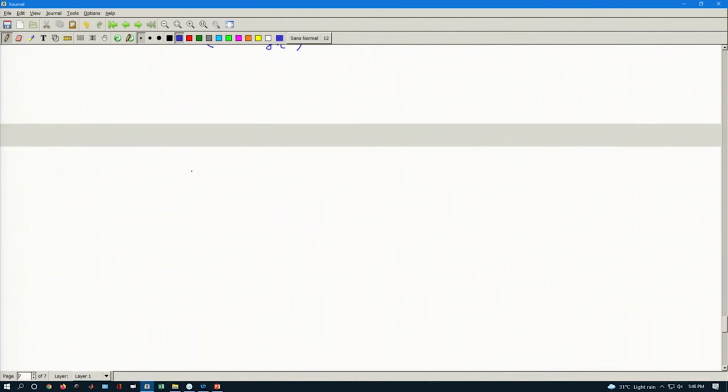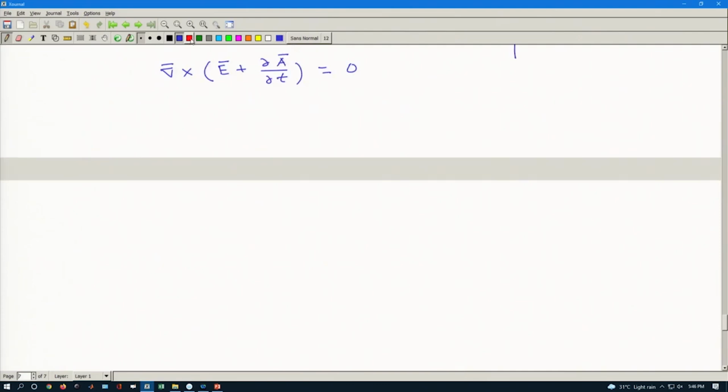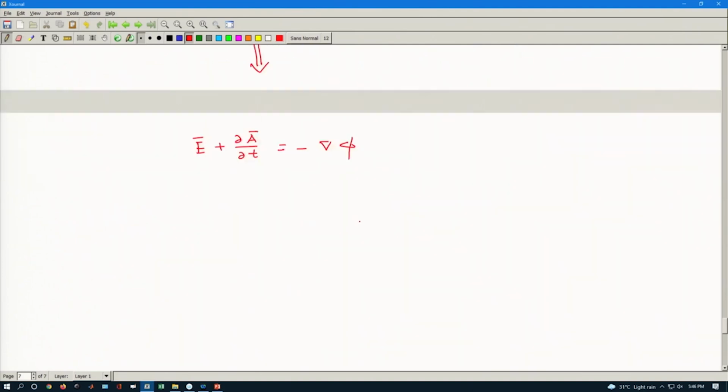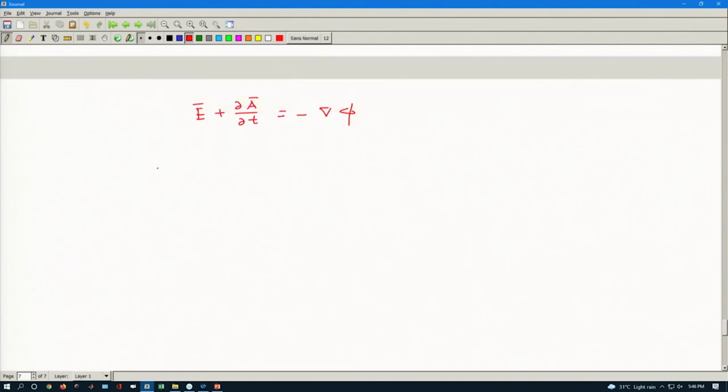So, these things lead to an expression that E plus dA/dt can now be written as a gradient of a scalar field phi, right. And then the electric field E is now modified. Previously for electrostatics I had only the gradient of phi.